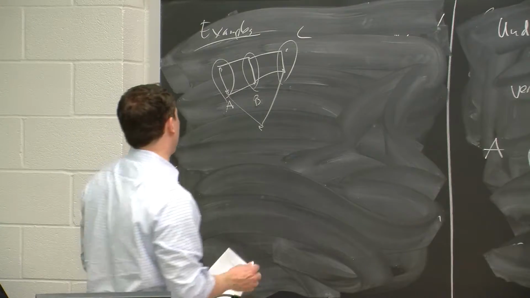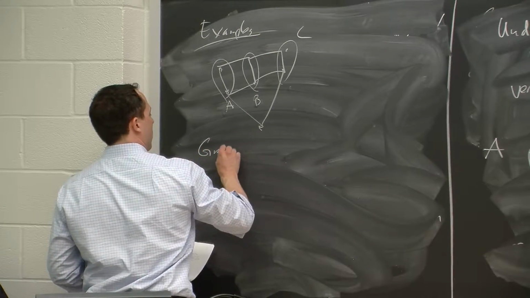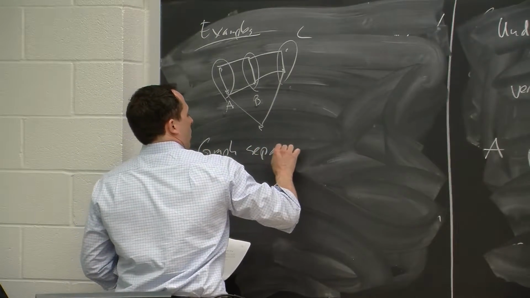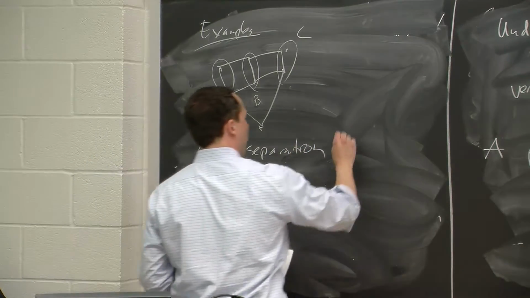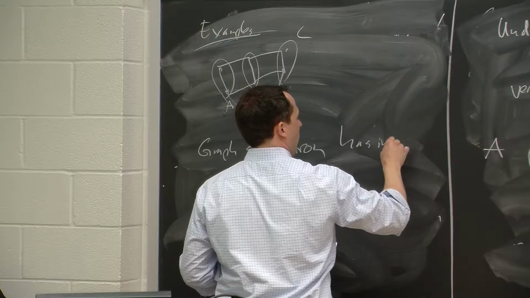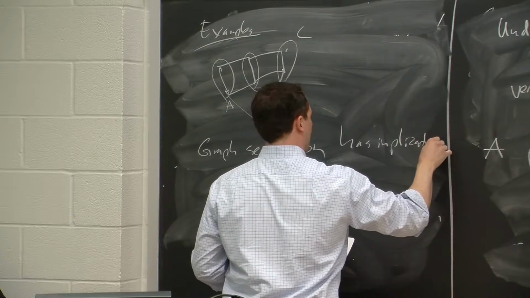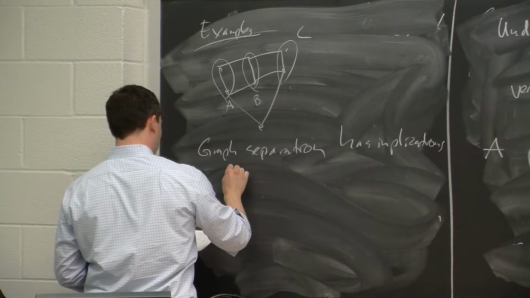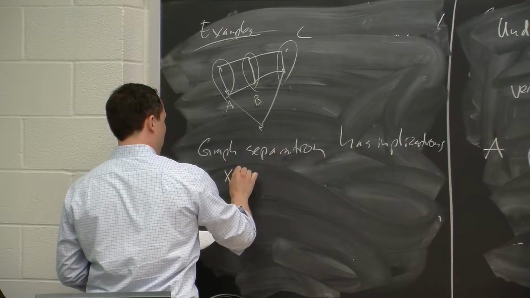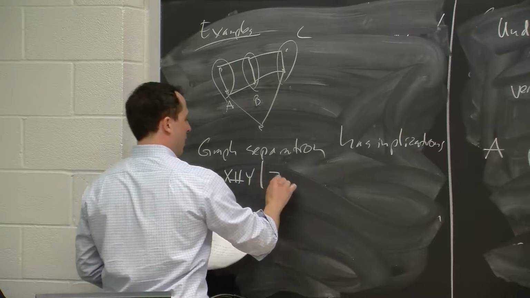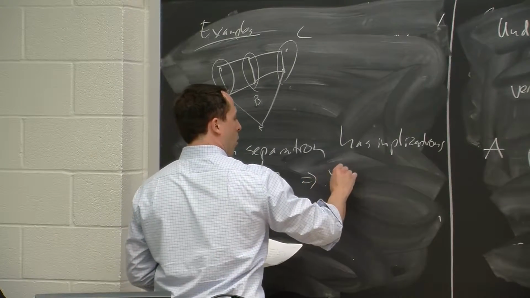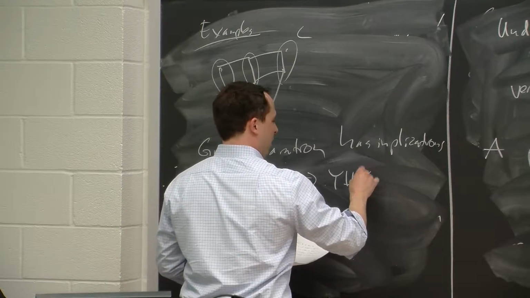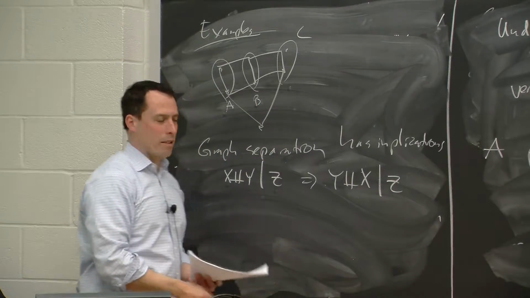And graph separation has a set of implications. For example, if x is independent of y given z, in other words, x and y are separated by z, then y and x are separated by z, so it's symmetric.